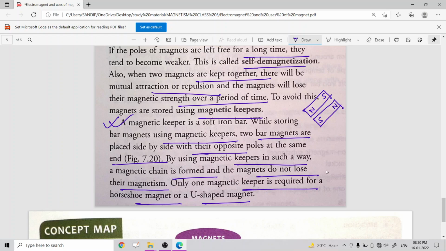That means two bar magnets are placed side by side with their opposite poles at the same end.